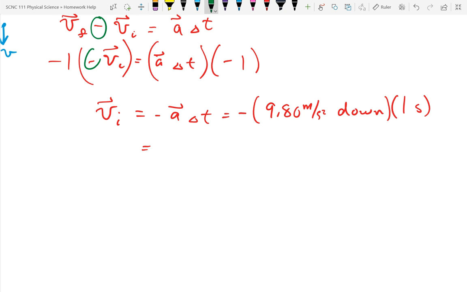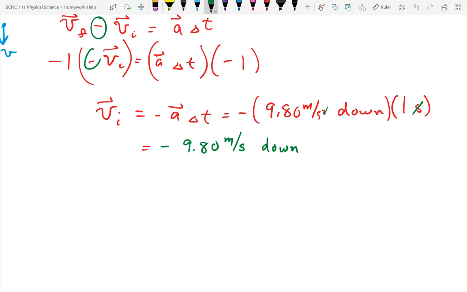So 1 times 9.8 is not tough. Notice the units. Meters per second squared times seconds. That allows me to cancel one of the seconds. And so I'm going to get minus 9.80 meters per second down. That's a correct answer, but it's a clumsy answer.